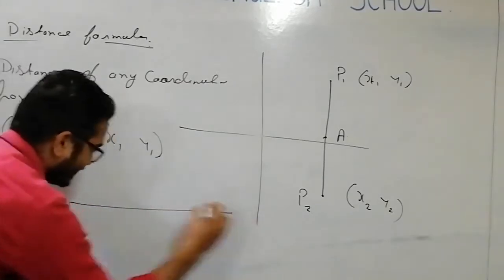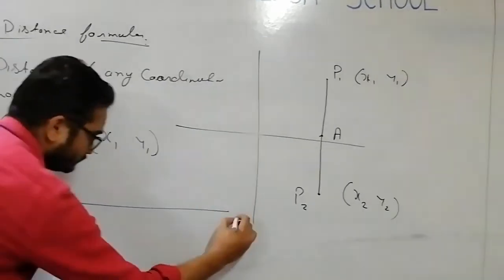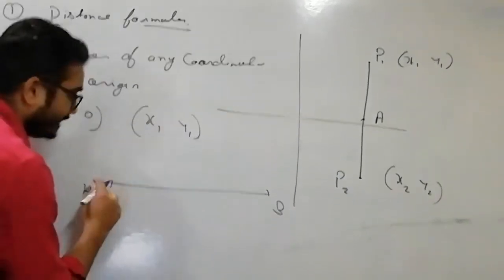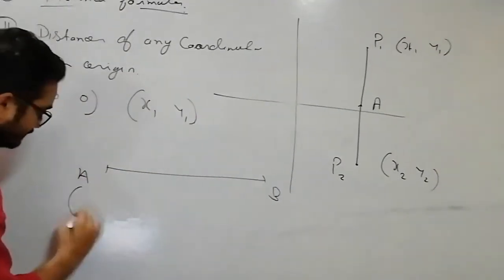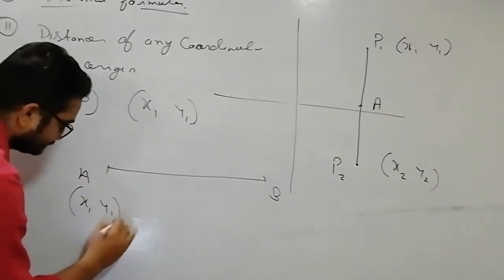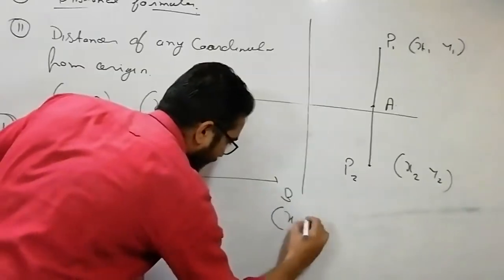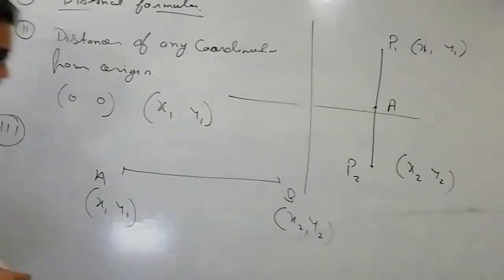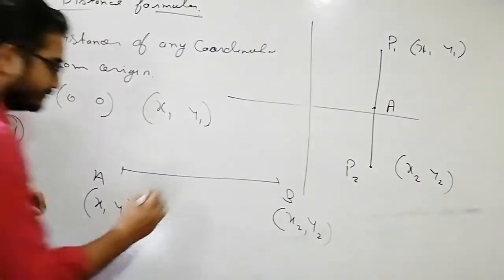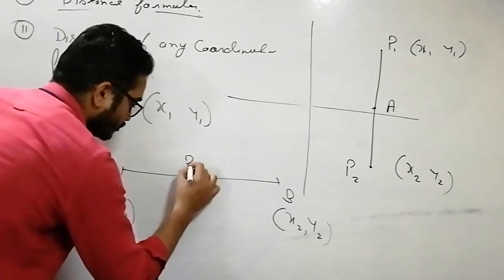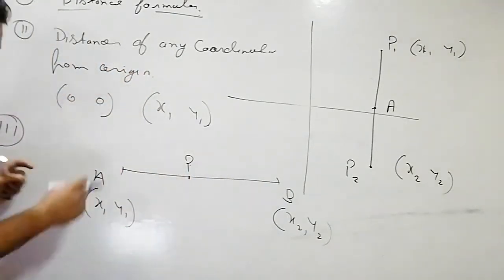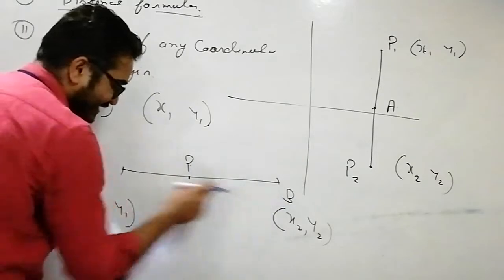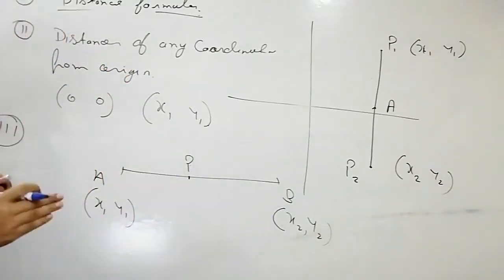Suppose we have this line segment A and B. Suppose we have a coordinate x1, y1 and this is x2, y2. Now we have one point P which is over here, and this point P is dividing this line segment in a ratio.